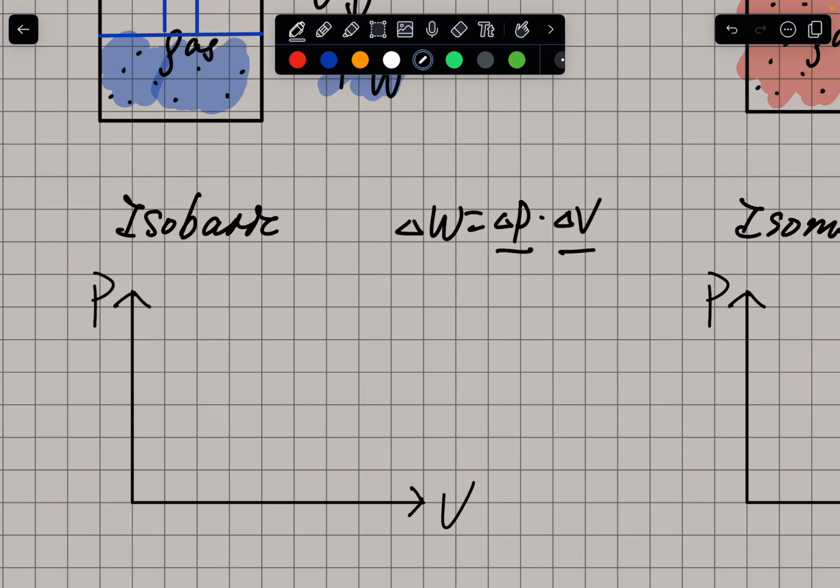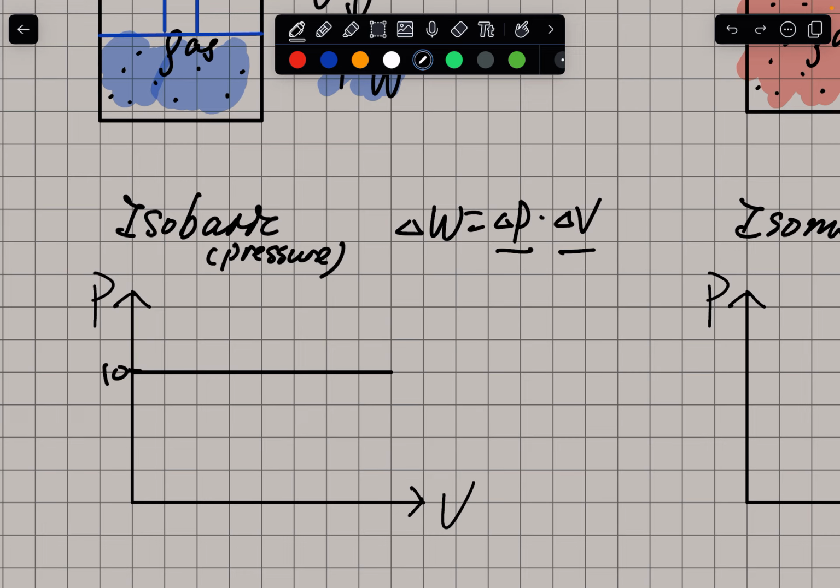Here, isobaric really means constant pressure, because baric means pressure and iso means the same, right? Constant pressure. Okay, so let's say my pressure can only be 10, so I'm going to draw a horizontal line here. I can't do 15, I can't do 5, it's only 10, it's constant, okay? So constant pressure at 10 Pascal, let's say.